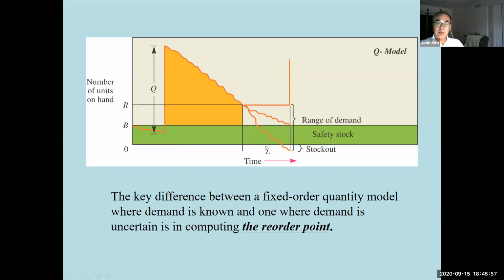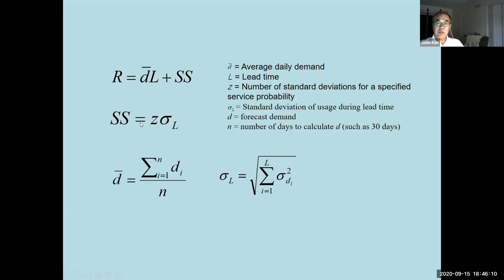As you can see on the graph, the reorder point is the same as the basic model plus safety stock. Safety stock equals z-score times standard deviation during lead time.